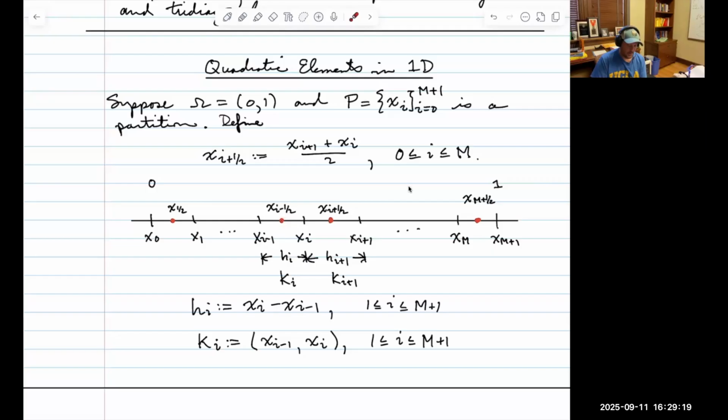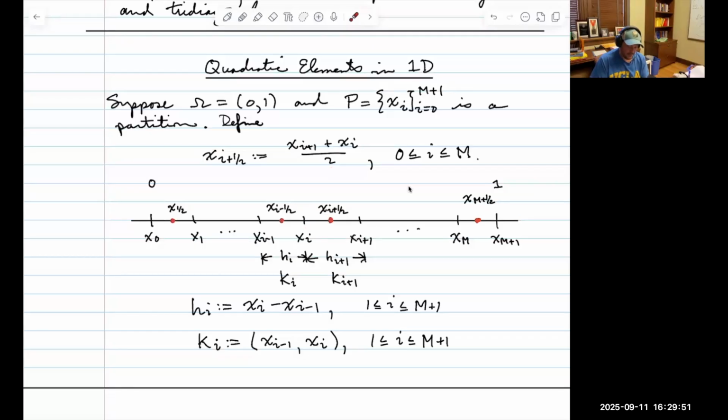The generic one here is picked so that the subscript looks like it's an increasing value. So I have i here going to the right, I'm going to have i plus a half, and then going to the right further, I have i plus 1, and this pattern repeats. So for this one here, generically, you just take x_{i+1} and x_i and average them.